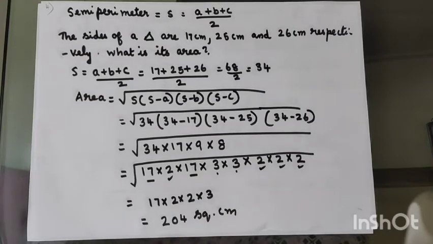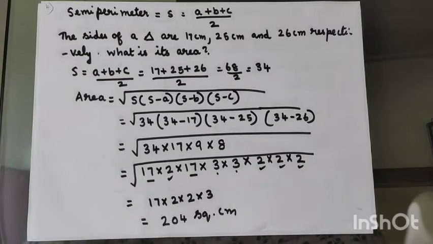The sides of a triangle are 17 centimeter, 25 centimeter and 26 centimeter respectively. What is its area? To find the area, first you have to find the semi-perimeter, s is equal to a plus b plus c upon 2.